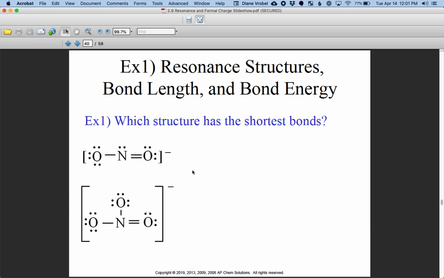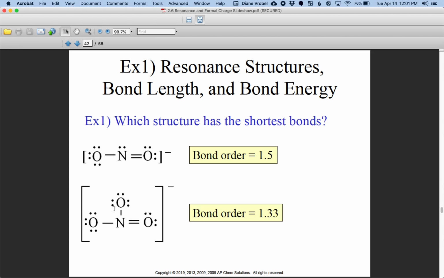So here we have NO2 minus and then we have NO3 minus. And once again, you want to figure out formal charge. You want to make sure that together all these formal charges equal the negative charge of the polyatomic ion. And we're going to argue that there's 2 sets of bonds, but there's a total number of 3 bonds. So 3 divided by 2 gives us a bond order of 1.5.